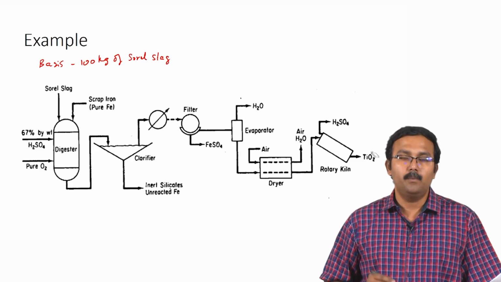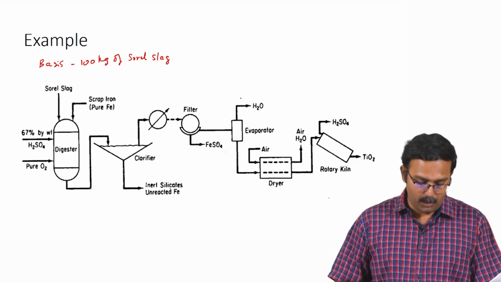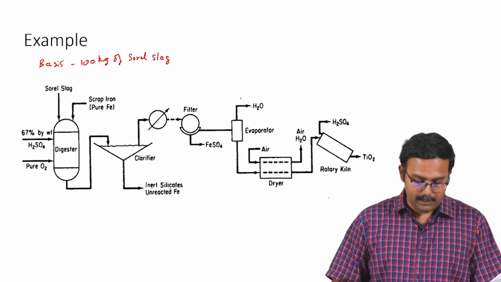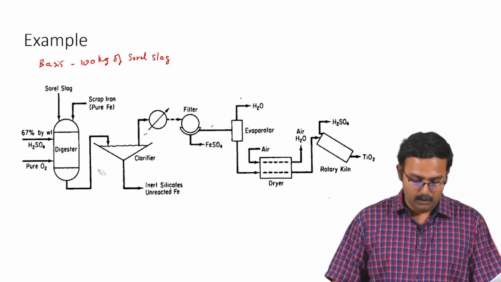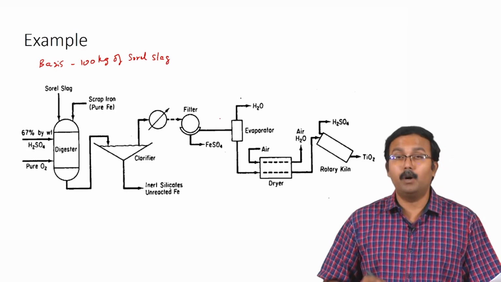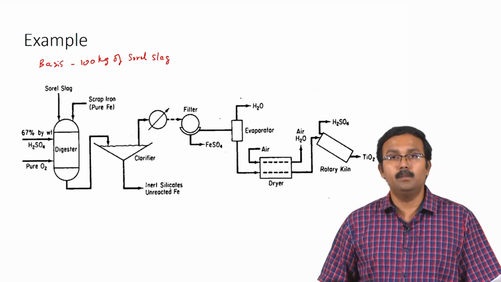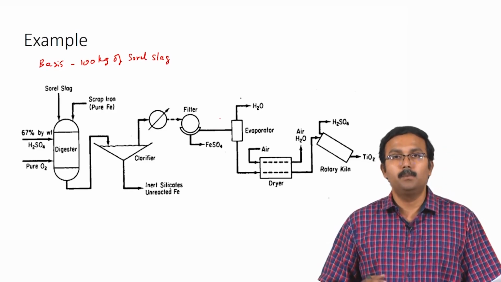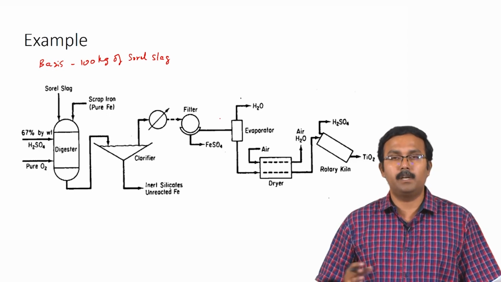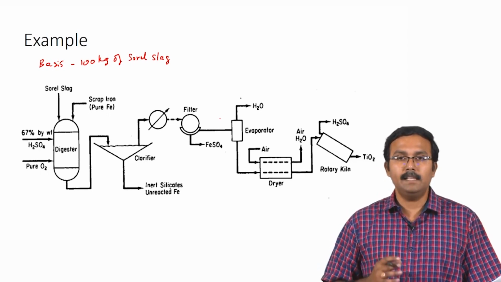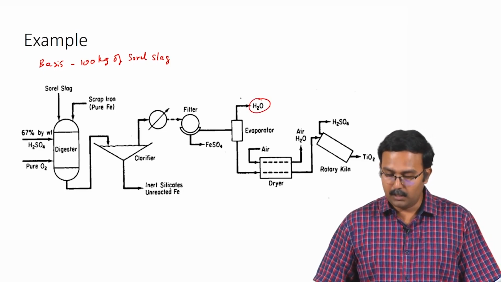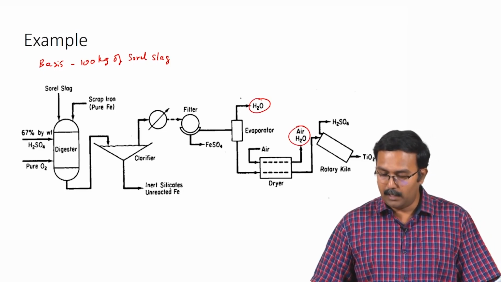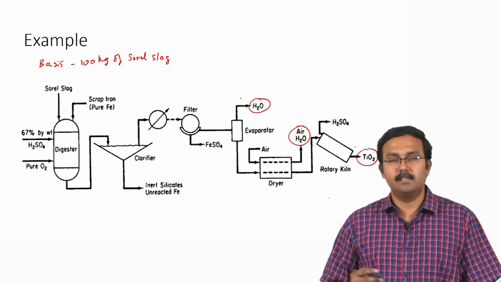So, this means we do not care about what information is present in this stream or this and so on. As we do not need to know about these streams, we can choose a system which engulfs these particular streams. Taking that into account, we want the streams for water, air plus water, and TiO2 to be leaving the system.